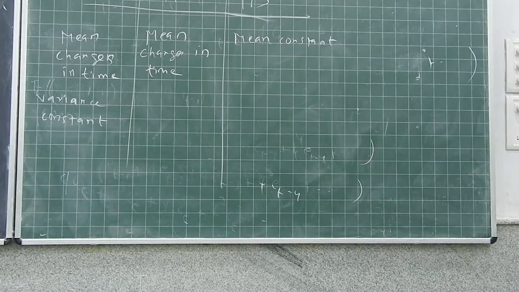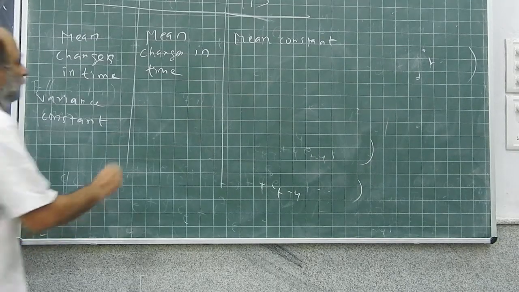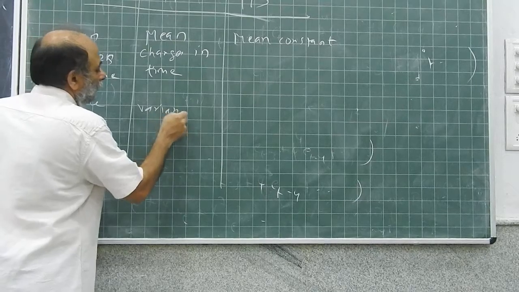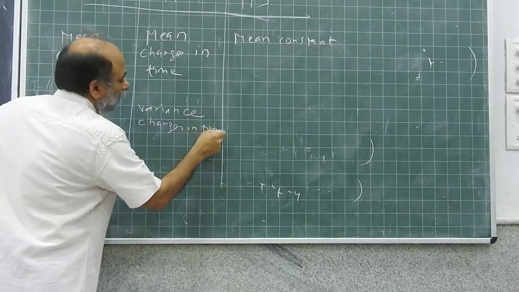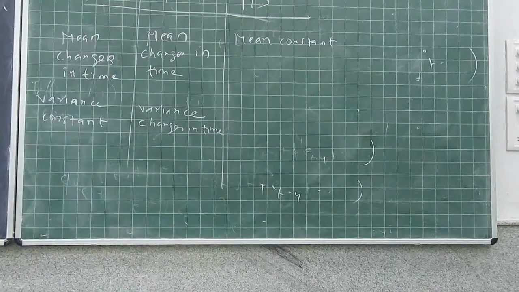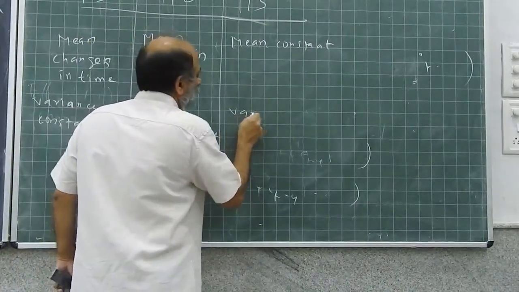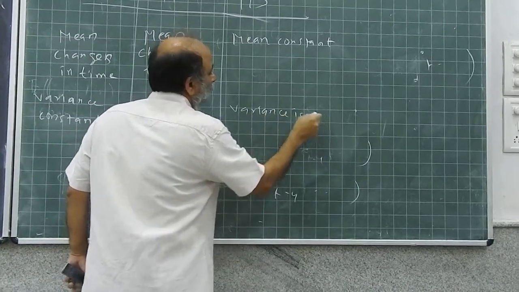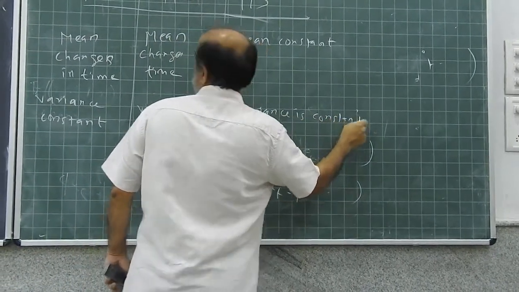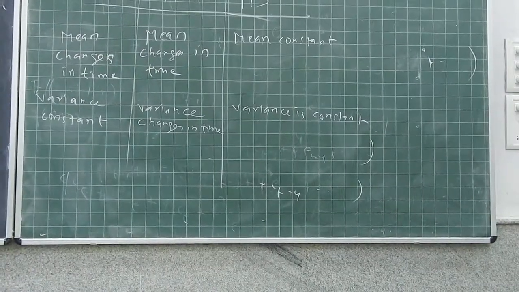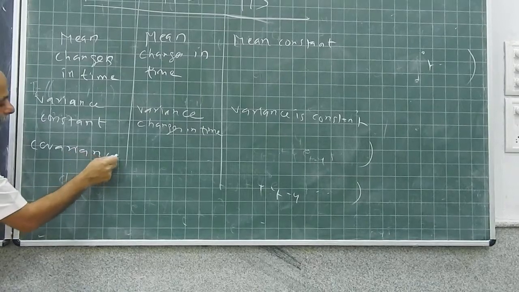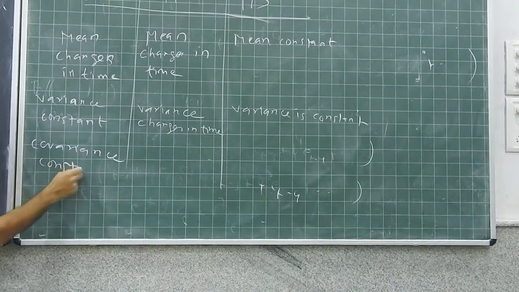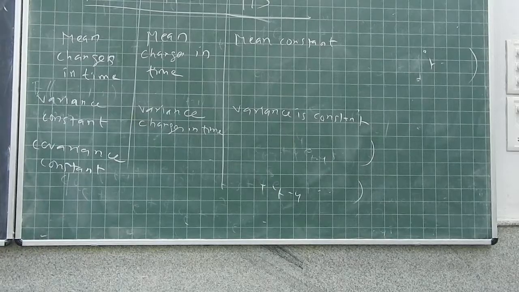The variance of the second model is constant in time, sigma square. Yeah? Here, covariance constant, right?